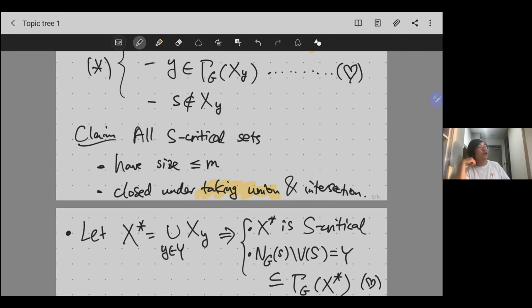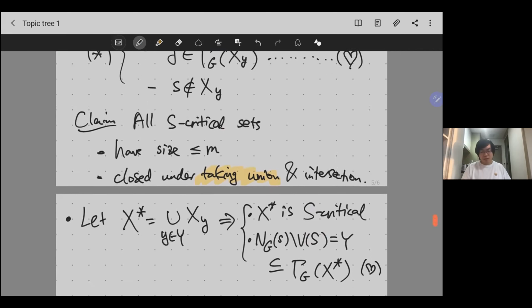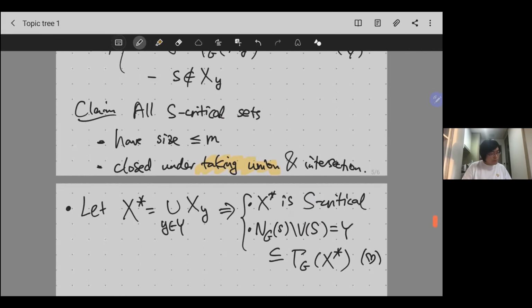This is one place you can see why we stick with gamma of X instead of the external neighborhood N of X, because gamma of X is additive, while N of X, the external neighborhood, is not completely additive. So it's a little annoying if you work with the external neighborhood. But anyway, we have this property also.